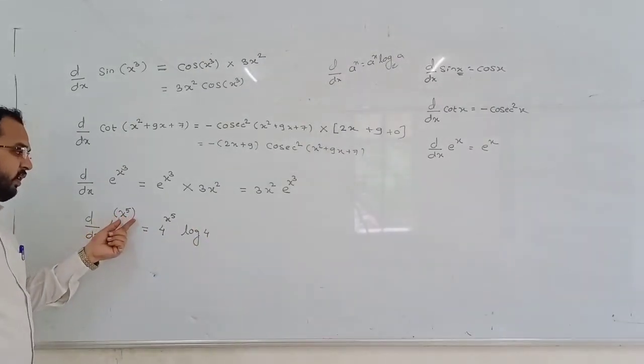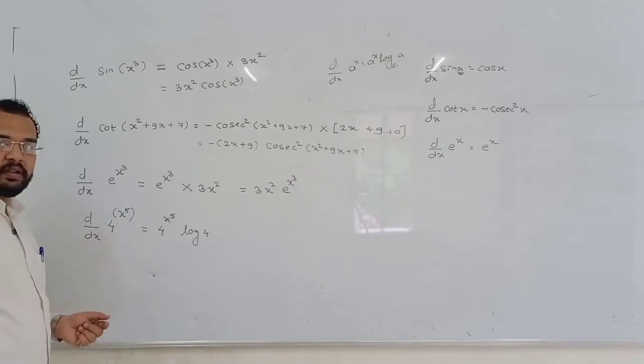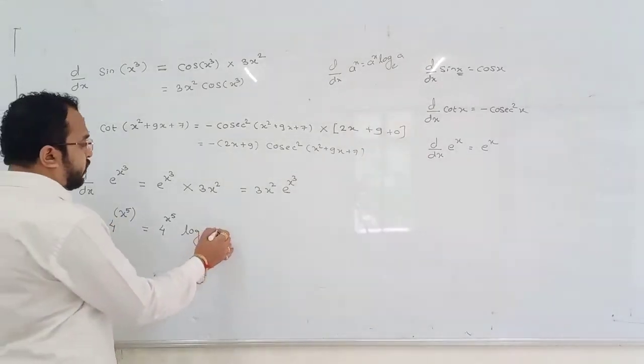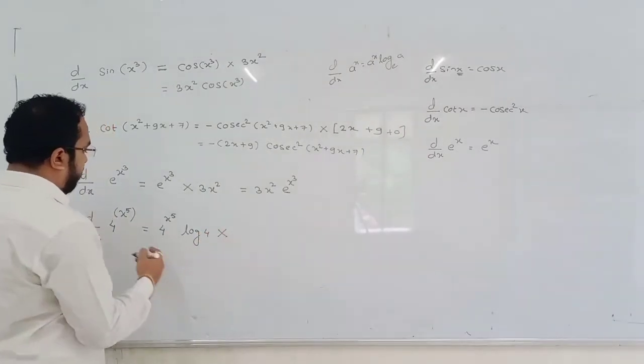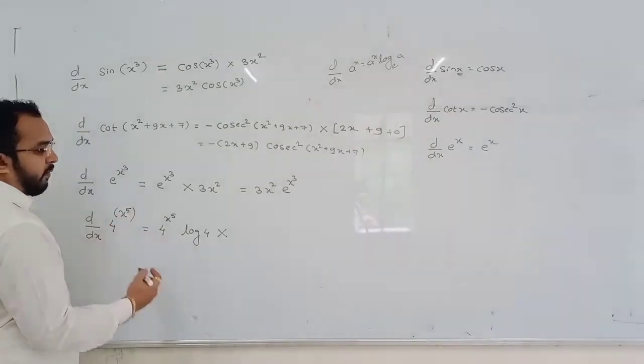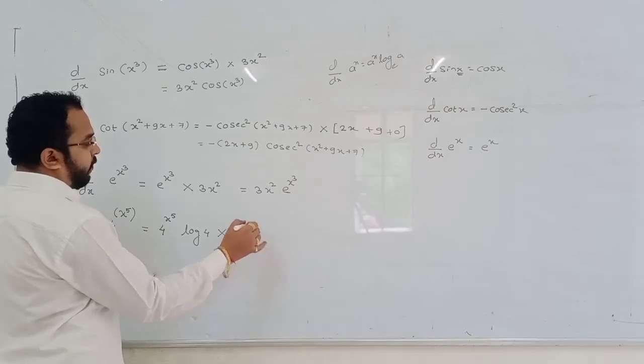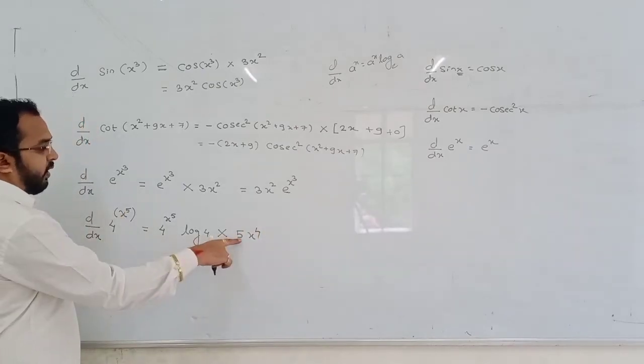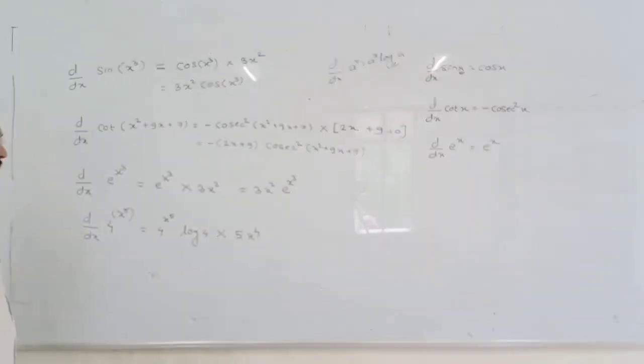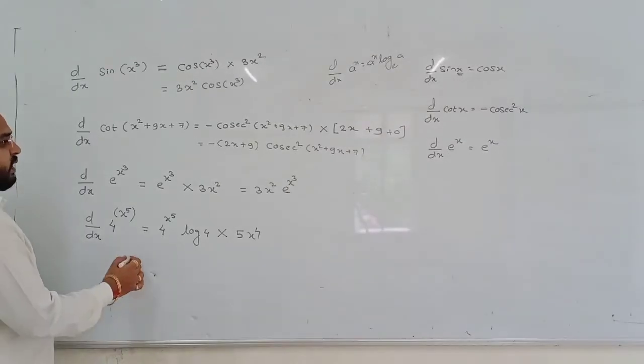But this something is not x. So differentiate it again in the product. So what is the differentiation of x to the power 5? It will be 5 x to the power 4. Take the power in the numerator and reduce the power by 1. Okay, so this is the answer.